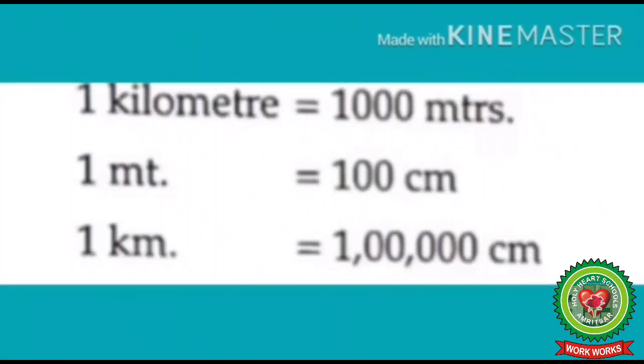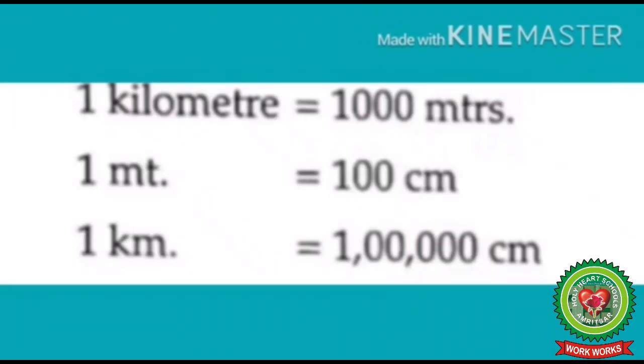Students, we know 1 kilometer is equal to 1000 meters. 1 meter is equal to 100 centimeters. Thus, 1 kilometer equals 100 centimeter into 1000 meters. It means 1 kilometer is equal to 1 lakh centimeters. Or we can say 1 lakh centimeter is equal to 1 kilometer.